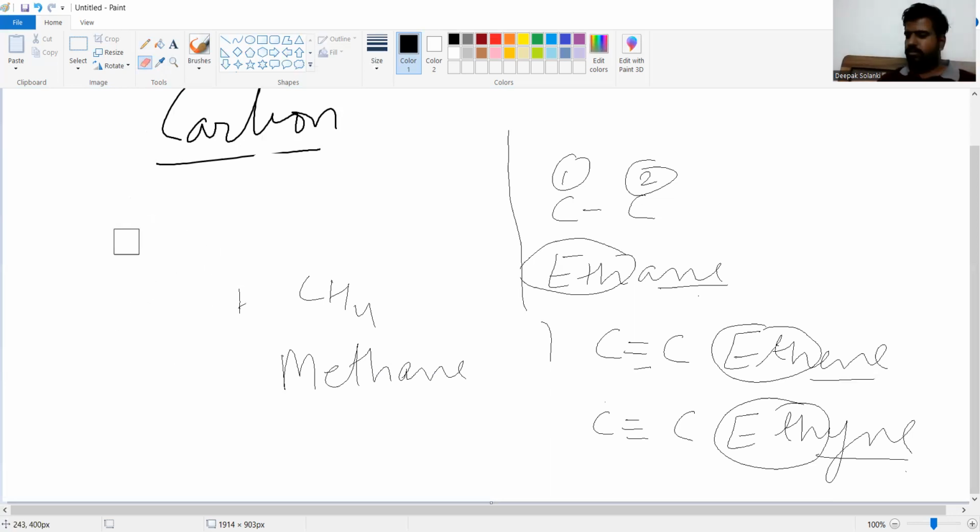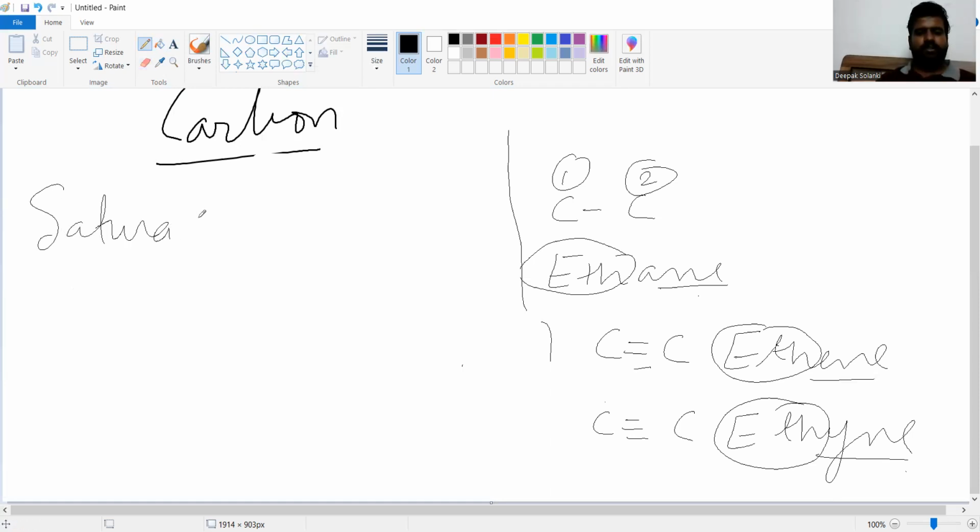Next is about saturated and unsaturated carbon. Saturated means, let me give you an example. If we dissolve sugar in a water solution, one point will come when no more sugar can be added. No more molecules or atoms of sugar can be added. Then the solution will be saturated. I can write here: no more atoms can be added.